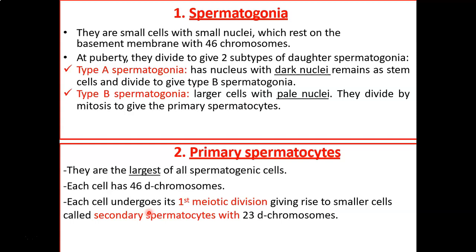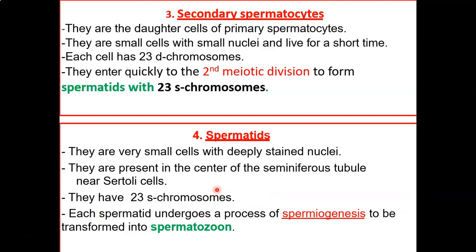So when you examine a section in human testes, the most numerous cell you will find is the primary spermatocyte. Why? Because it remains for a long period.